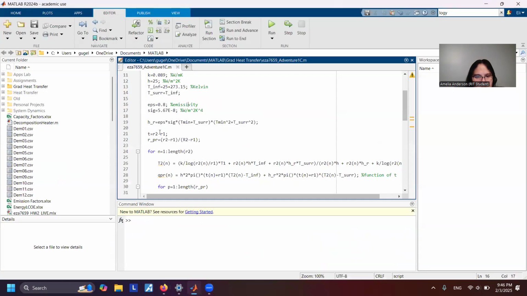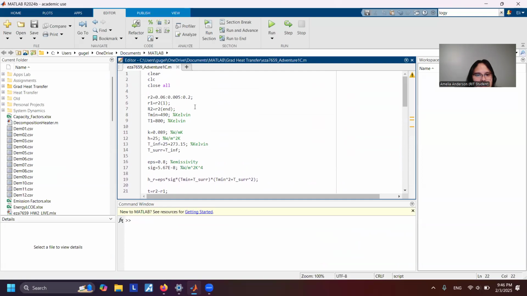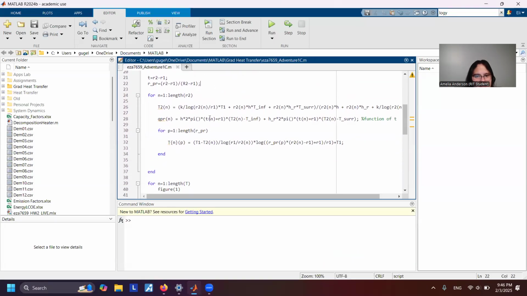And then we define our thickness and our R prime variables. Then for every R2, starting at 0.06 and incrementing at 0.005, we're going to do those long equations.